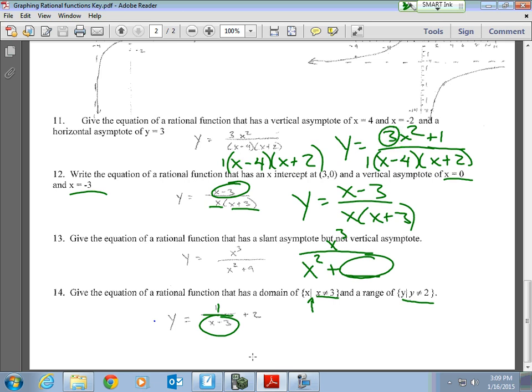It has to be an equation like we have up on 7 through 10, where it's not going to pass through my horizontal asymptote, which is why I wrote it the way I did. I wrote it as y equals 1 over x minus 3 plus 2. That has a range where y will never be 2. It has a domain where x will never be 3.